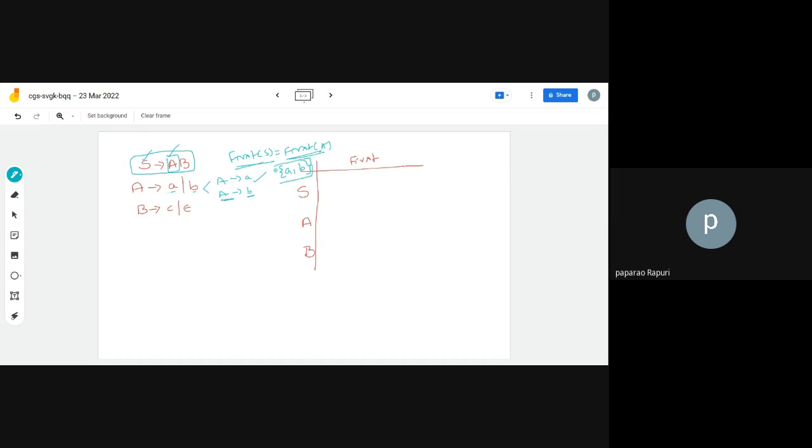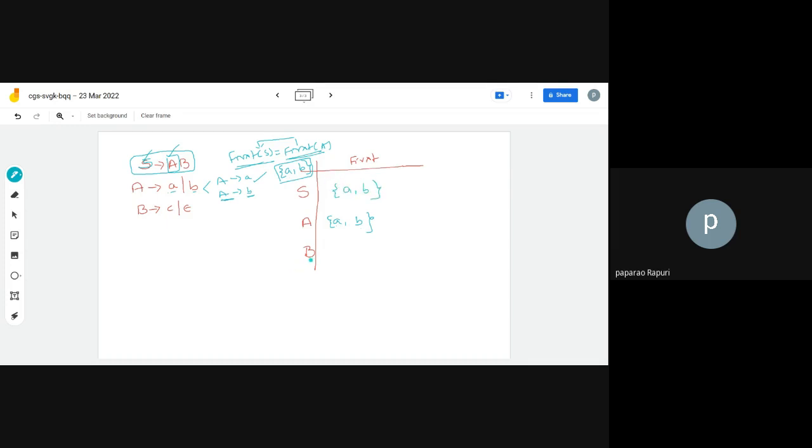So finally, the first set of A is small a and small b. Now first set of S is equal to first set of A, so here it is also small a and small b.